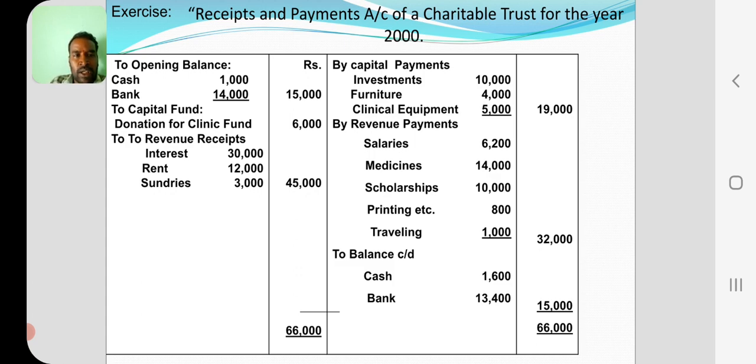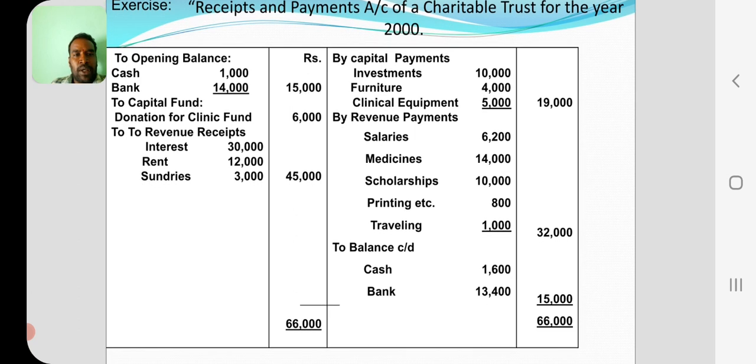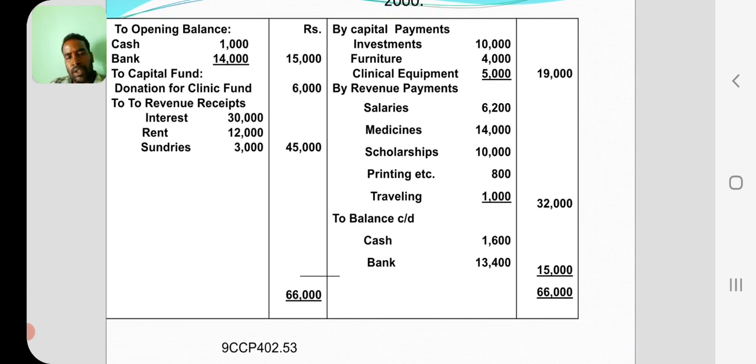This is the rule of real account. And the second one: in trading organizations they prepare the profit and loss account and trading account. In non-trading organizations, instead of preparing trading and profit and loss account, we prepare the income and expenditure account. Both have similar qualities. Why?